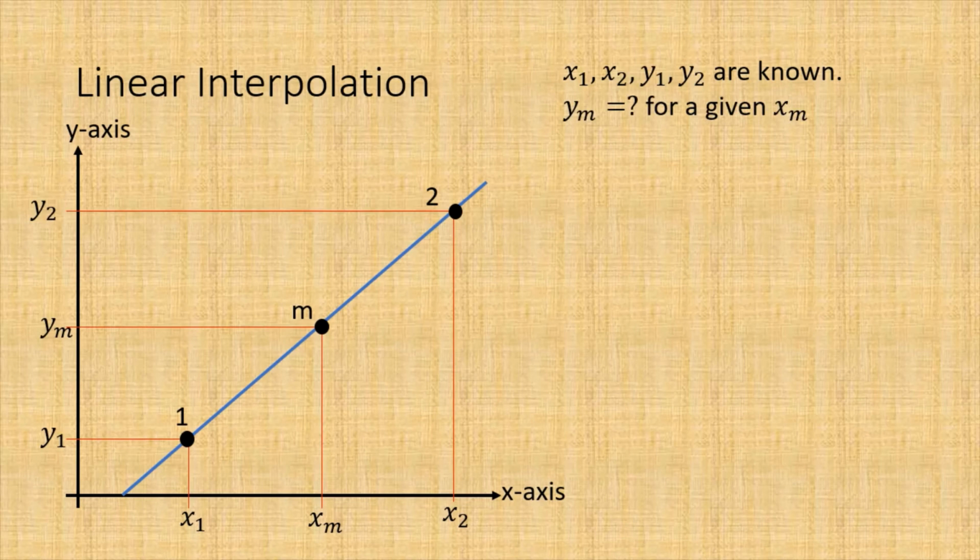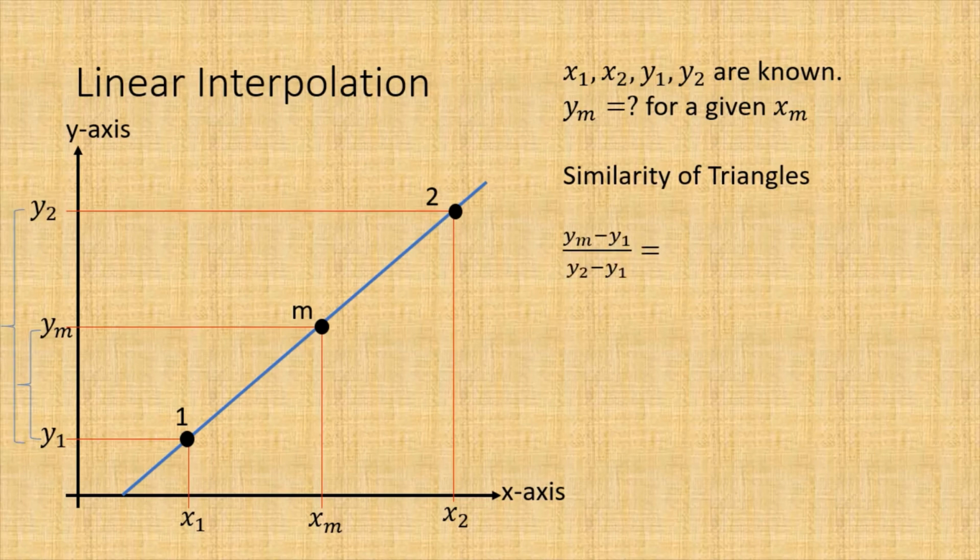We can use the similarity of triangles to come up with a relationship. The similarity of triangles can be remembered in an easy way. Small vertical length divided by big vertical length is equal to small horizontal length divided by big horizontal length.